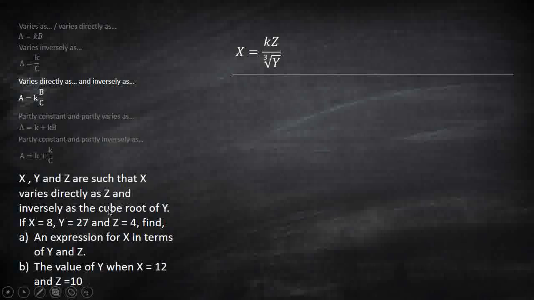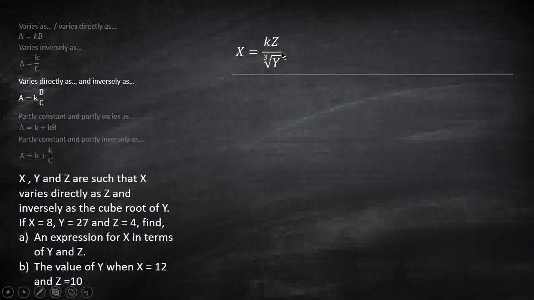And now, for the cube root, you have the cube root and then you enter y. Now in the formula, the constant multiplies this fraction, the numerator. Now x is 8, y is 27, and z is 4.